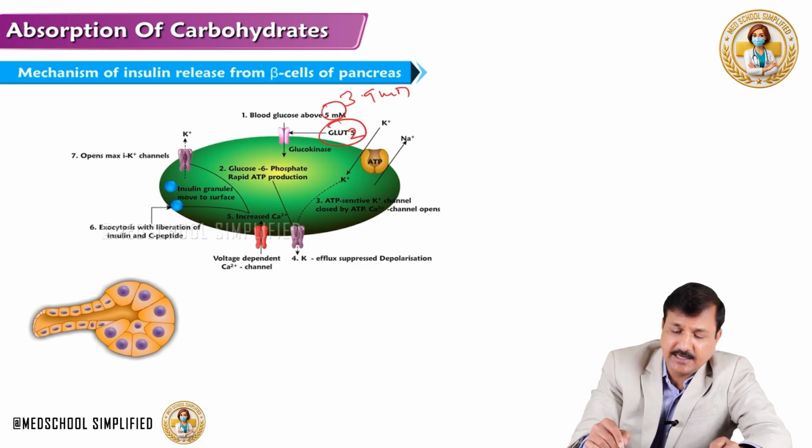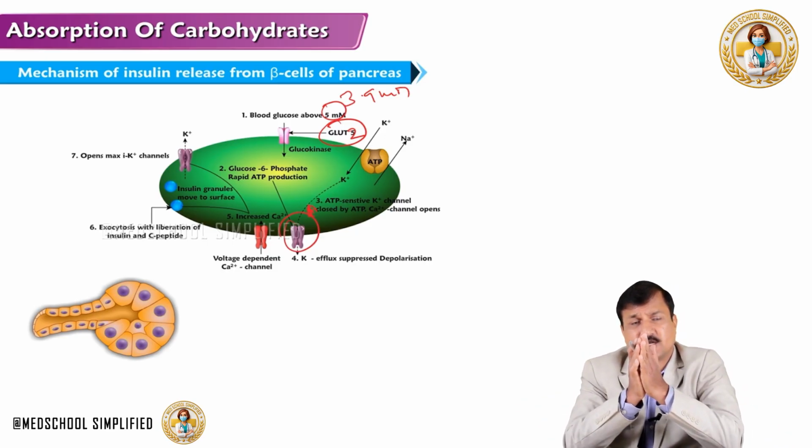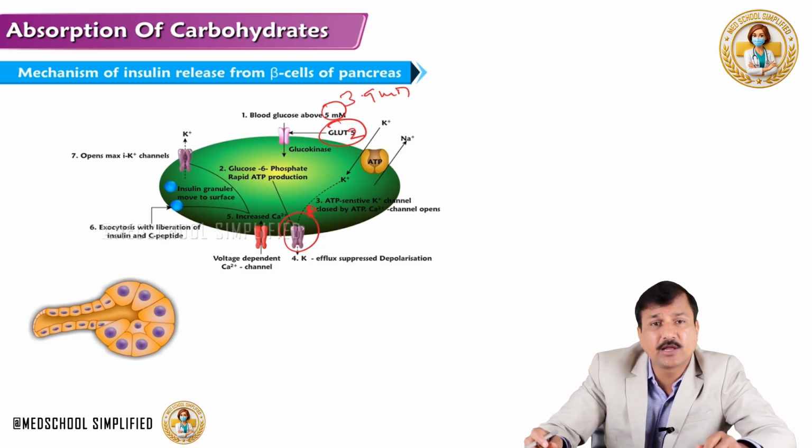So, there will be a rise in ATP levels, and this ATP will bind to the ATP sensitive potassium channel and close it, and that will lead to depolarization of the membrane.